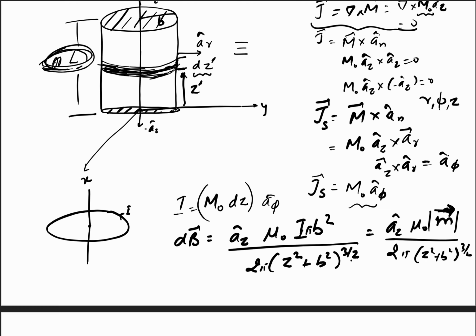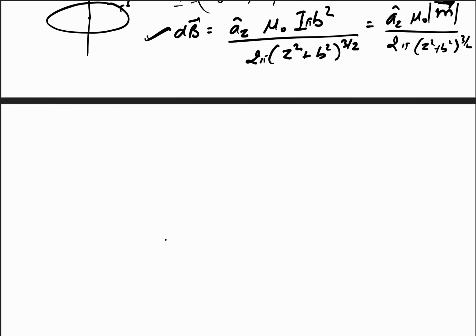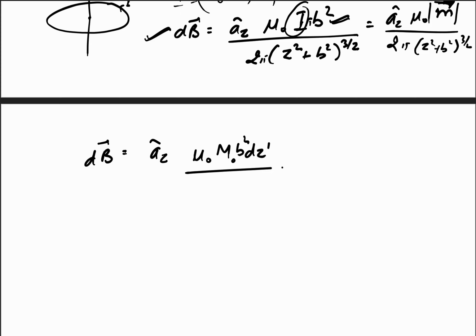We derived this in one of our previous lectures, so this will serve as a starting point now. For our case, the current is M naught dz dash, so dB is equal to az direction, mu naught M naught dz dash b square over 2. Now in the previous example, the ring was at the origin.